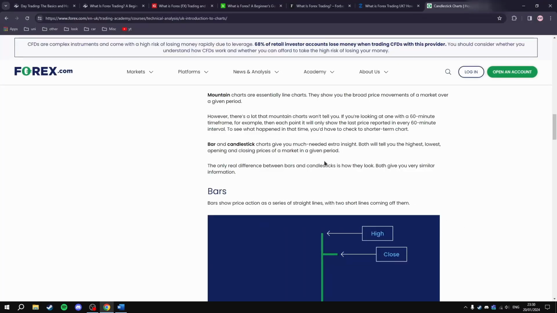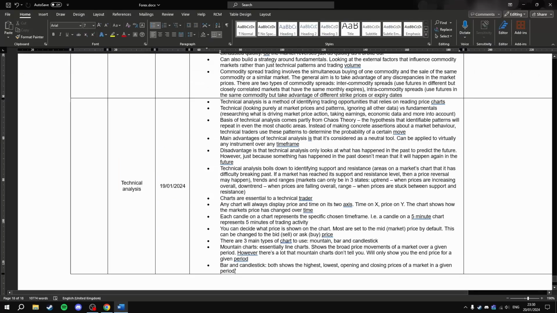The only real difference between bars and candlesticks is how they look. Both give you very similar information.